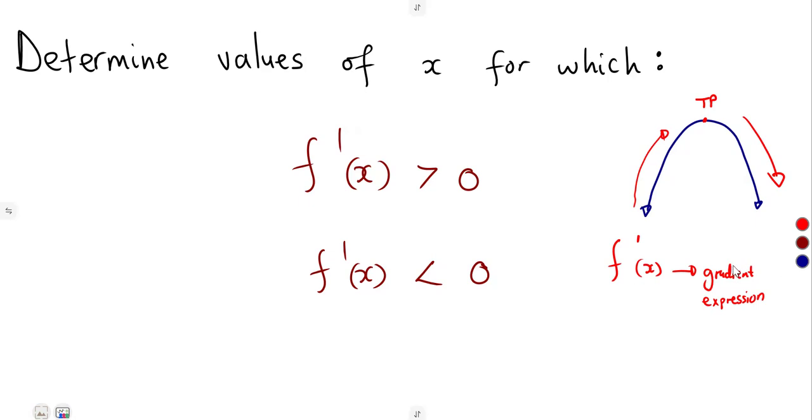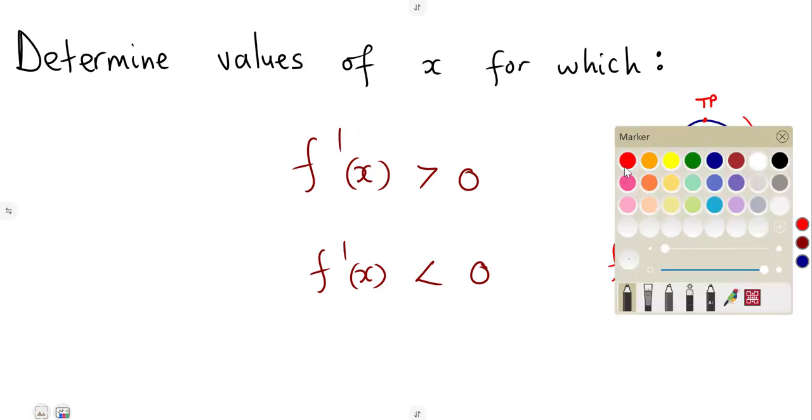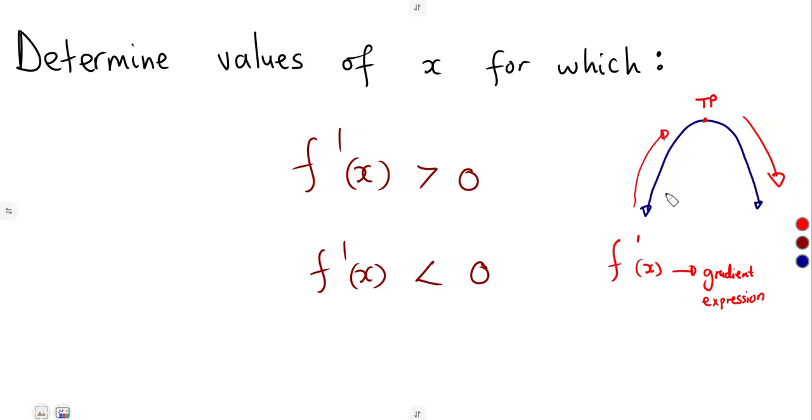We are talking about the first derivative gradient expression. So as we consider f of x, the original function, what we simply need is to understand the increase or decrease of that function, where there is a turning point.